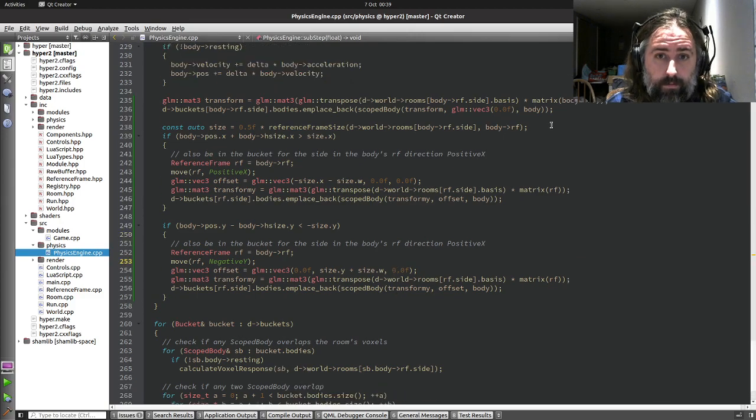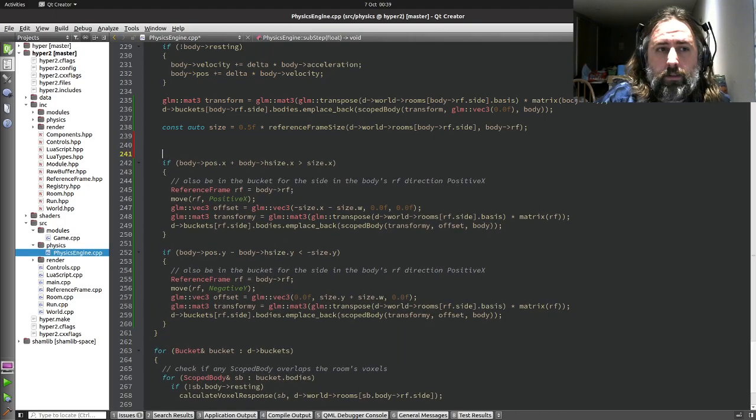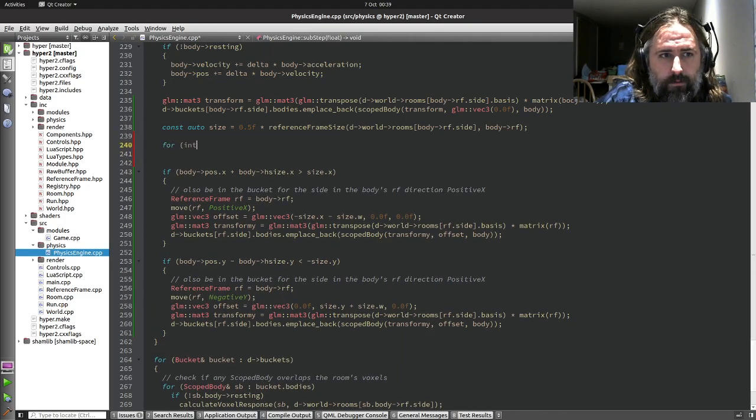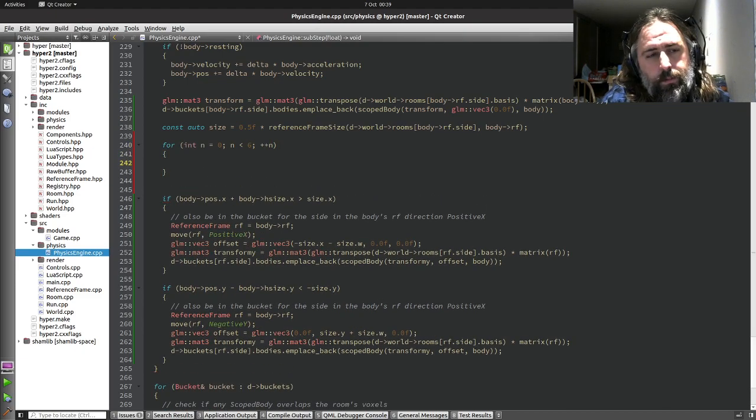Well, let's try and make it into a for loop for the 6 cardinal directions, and I'm just putting a 6 right there. You shouldn't really put like a 6 in the code, but there are 6 cardinal directions in a 3-dimensional universe.